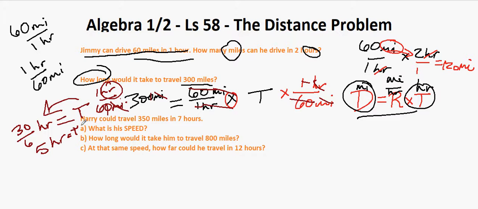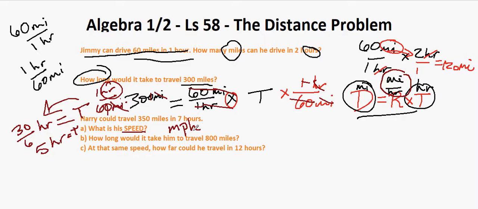So it asks us to start with, what's his speed? Speed, we haven't used that word yet today. What has looked like speed that we've learned today? Miles per hour, sometimes abbreviated MPH, is a rate that we also call speed.